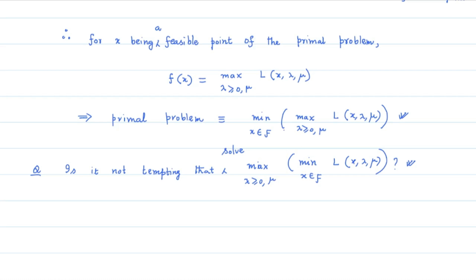It is not always that they will have identical values, but under certain mild conditions, that this set capital F is compact, and here instead of taking this entire set lambda greater than or equal to 0, you take a compact subset of this region, and if I pre-assume the function coming up over here is convex for every fixed value of x and concave for every fixed value of lambda and mu, then we can show that these min-max and max-min problems have identical solutions.